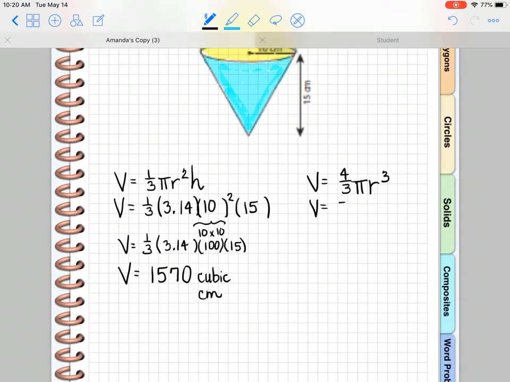So V equals 4/3 pi. The radius is 10, and that's to the third power. Now in the cone part, it was to the second power, so be careful here. This one requires 3 of them. So 10 times 10 times 10 is 1,000.